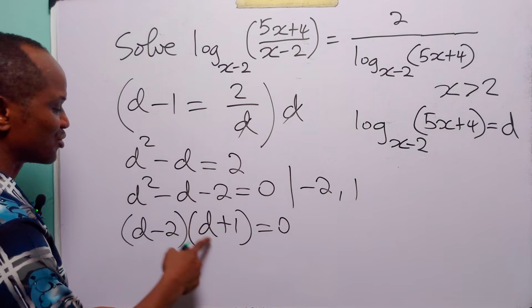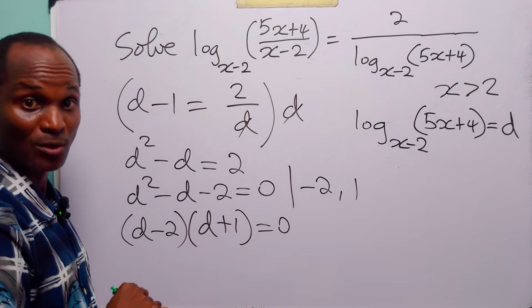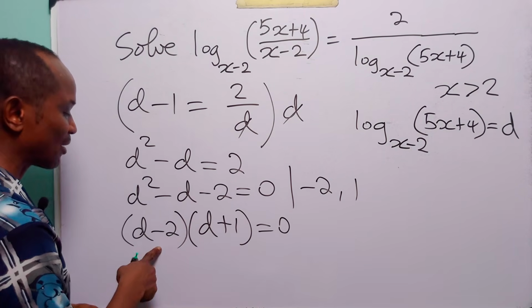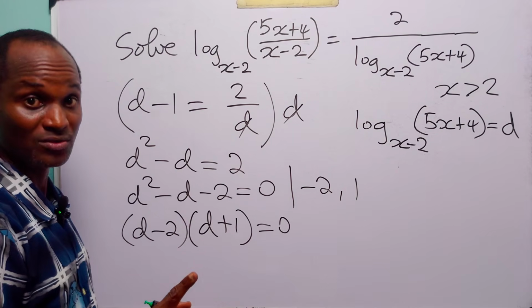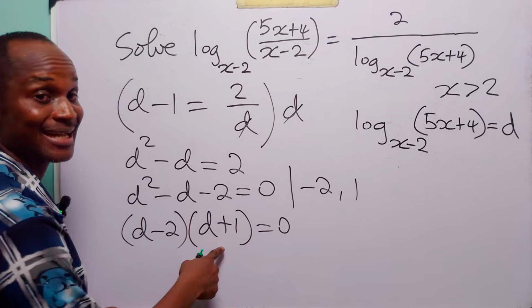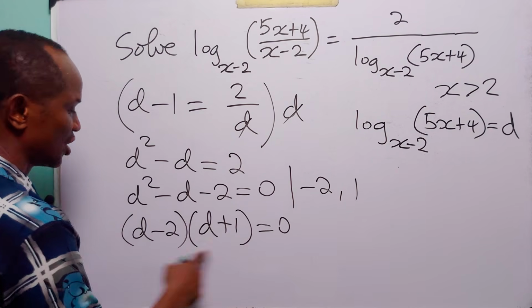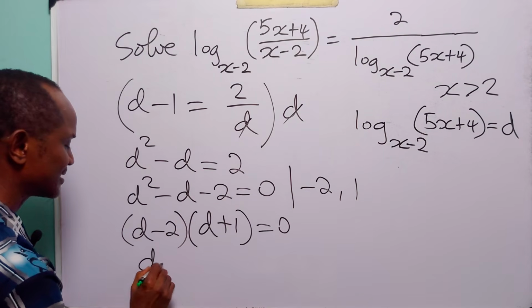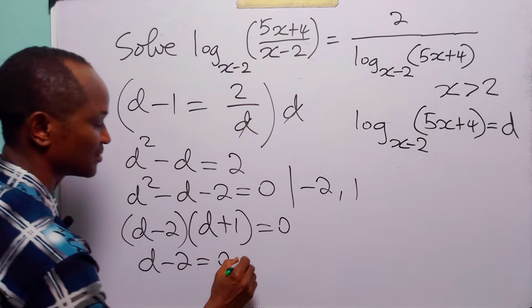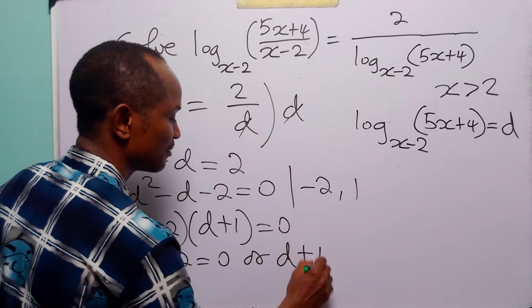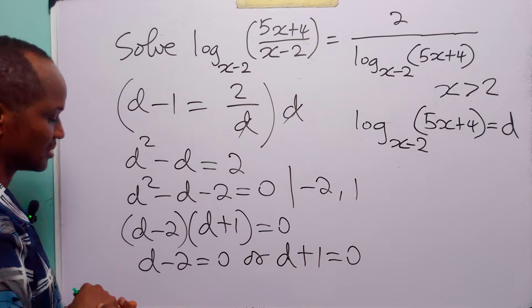Now remember that when the product of two items is equal to 0, it simply means that either one of those items is equal to 0 or both of the items are equal to 0. So from here we have that either d minus 2 is equal to 0 or d plus 1 is equal to 0.